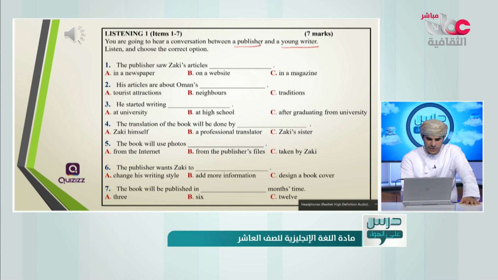1. The publisher saw Zaki's articles: A, in a newspaper, B, on a website, or C, in a magazine. So the publisher saw Zaki's articles where? In which place? Number 2. His articles are about Oman's what?